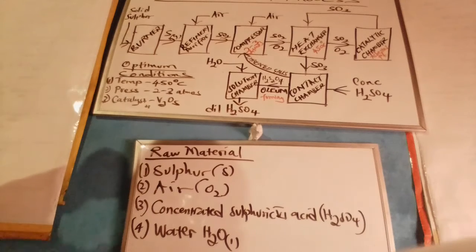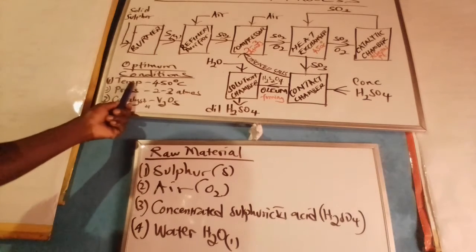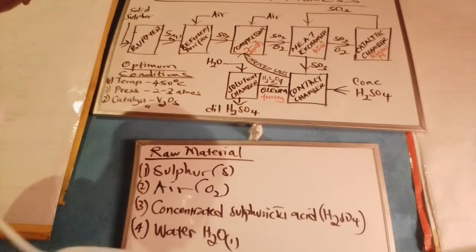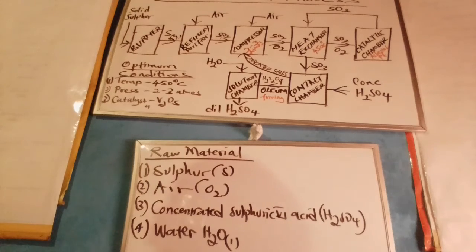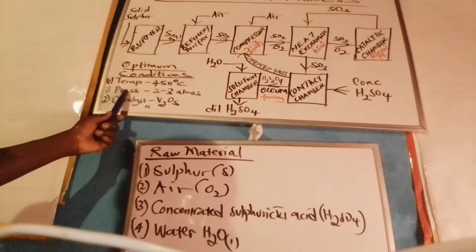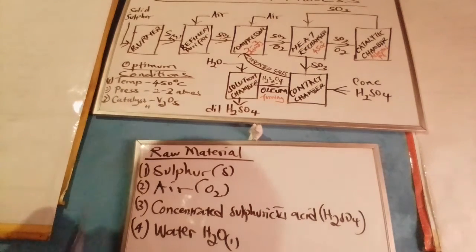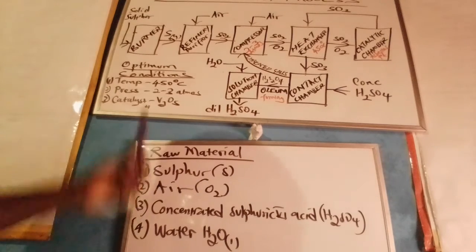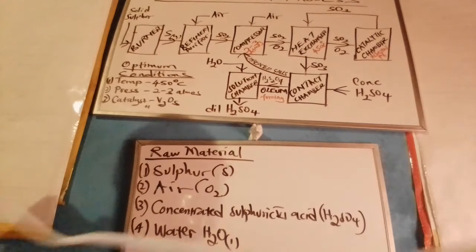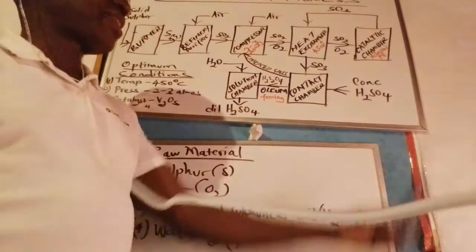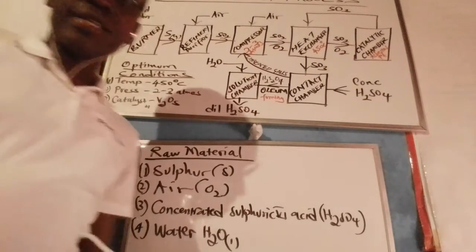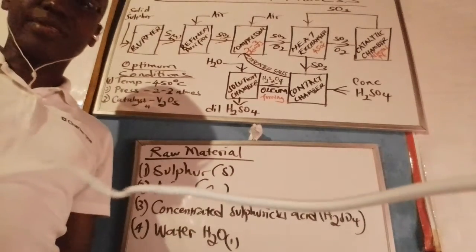What are they? First, we need to fix temperature at 450 degrees Celsius, the optimum condition. 2, we need to fix pressure in a range of 2 to 3 atmospheres. And 3, we need a catalyst of vanadium pentoxide. In the absence of vanadium pentoxide, we could use platinized asbestos as the catalyst in the process.